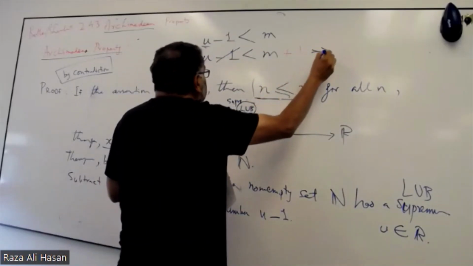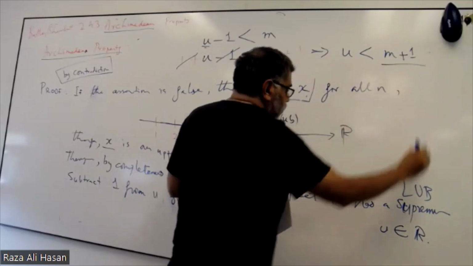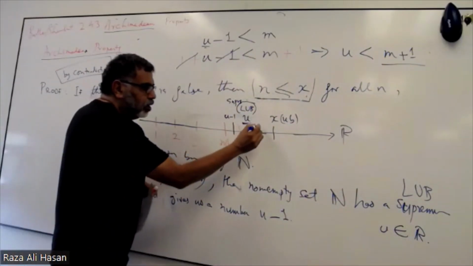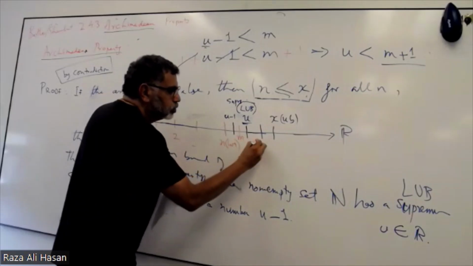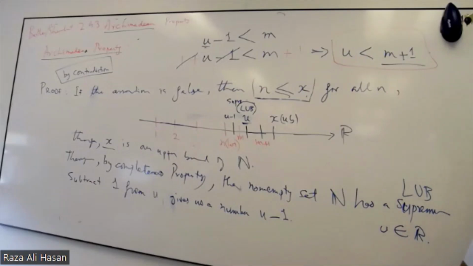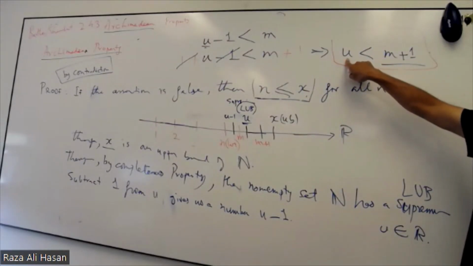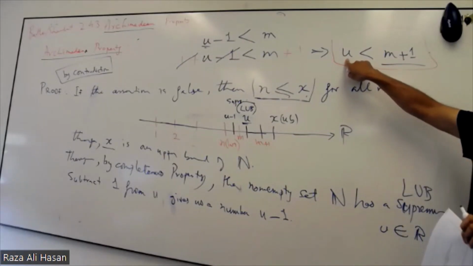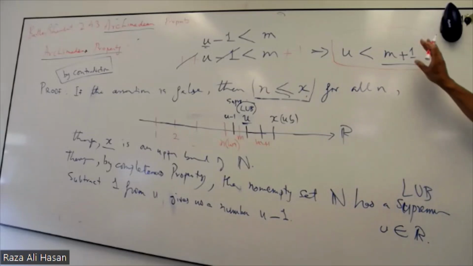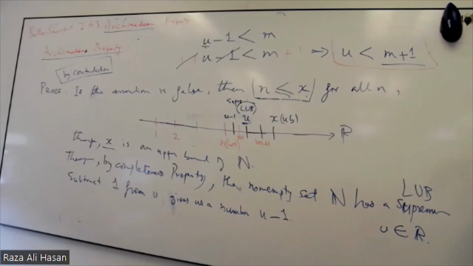And what we have here is u is smaller than a natural number m plus 1, which would be on this side here. What is this saying? It is contradicting. It's saying that there is a natural number bigger than our agreed least upper bound, the supremum. This is the contradiction. Therefore, this is a total disaster. Therefore, we're done. Okay, so everybody understands this?